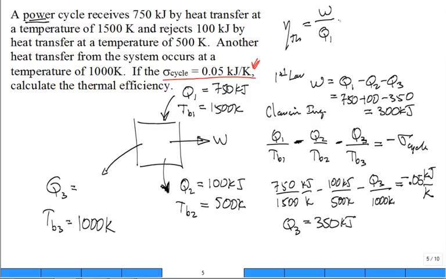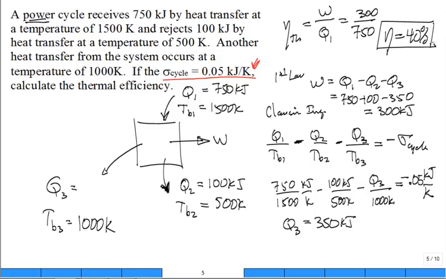Then we come up here to thermal efficiency: 300 divided by 750, and the thermal efficiency is computed to be 40%. Even though I have 3 heat transfers, I have a high in with 2 outs at different temperatures. All right? That makes sense?